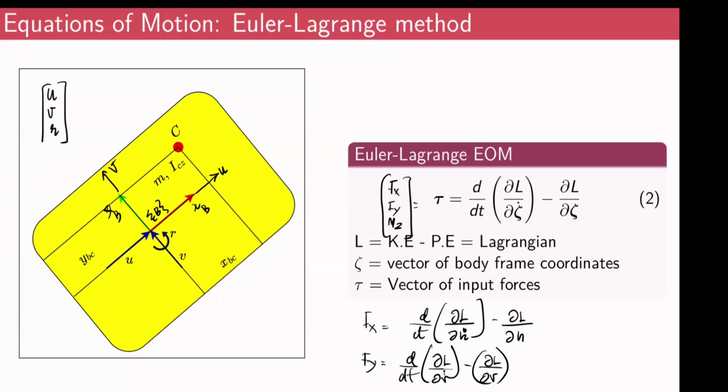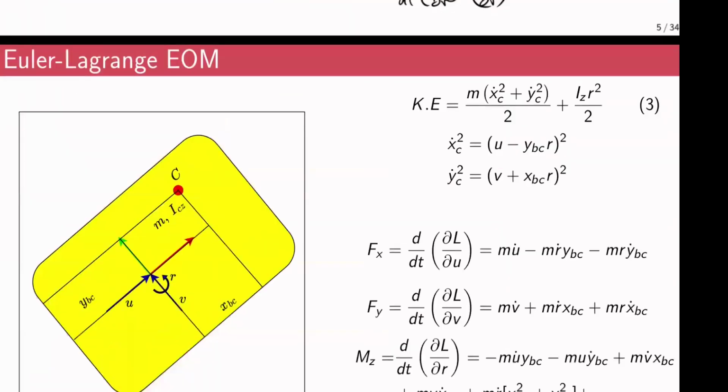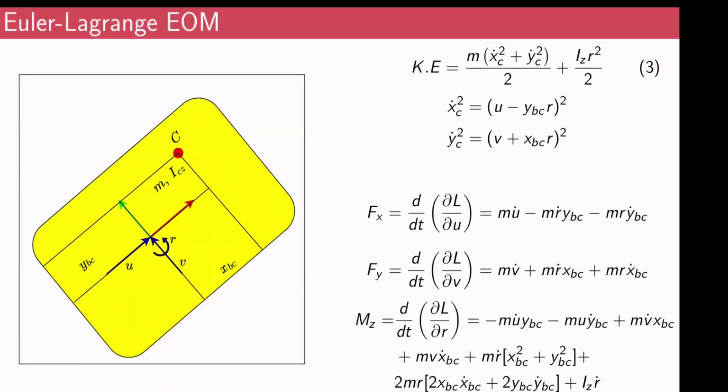And then we haven't yet defined what this Lagrangian means, what the scalar L means. For any given dynamical system or for any robotic system, this Lagrangian is defined as the difference between the kinetic energy and the potential energy, KE minus PE. So this is how we define the kinetic energy.